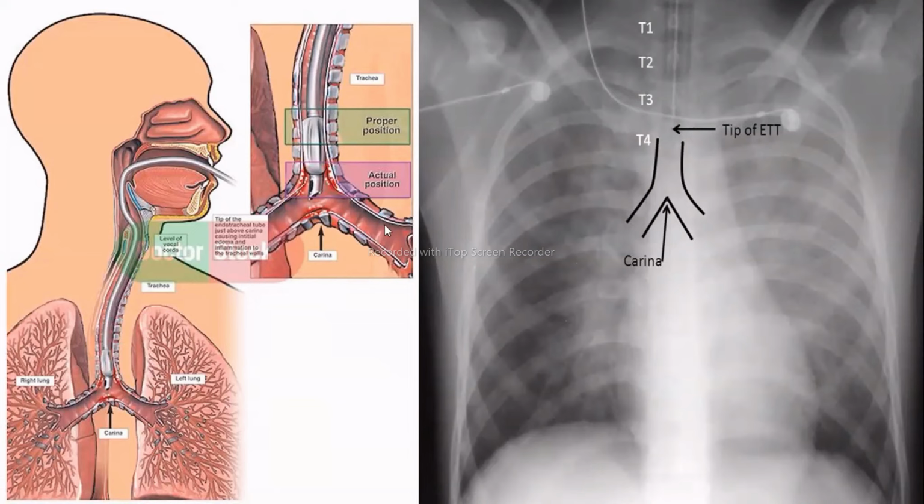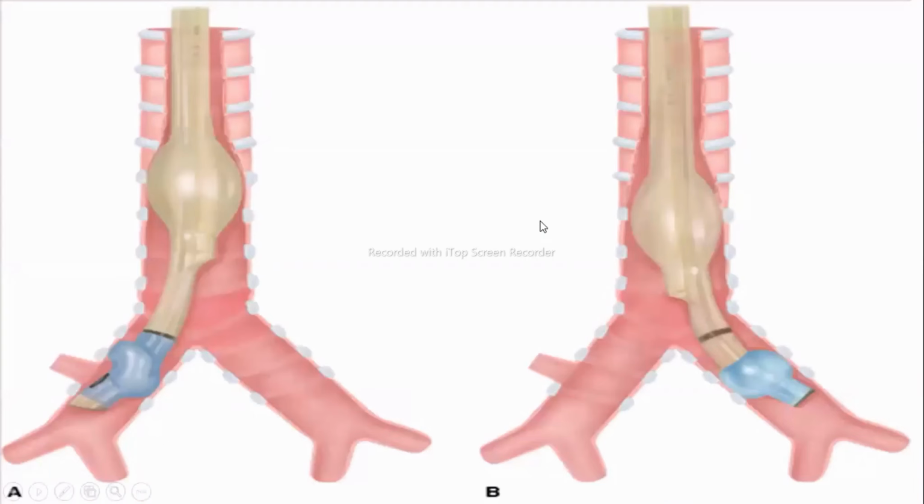But if the oxygen saturation is, for example, 80 or 70 and not improving, it's in the right main bronchus. So this one is in the right main bronchus, this one in the left main bronchus. So you have to withdraw the tube up above the carina.